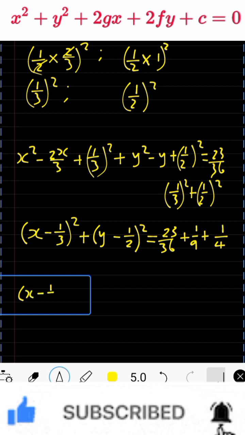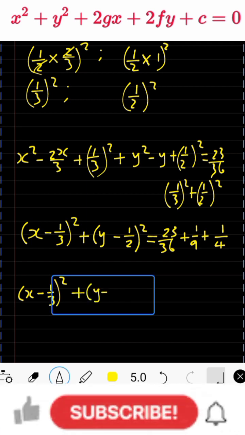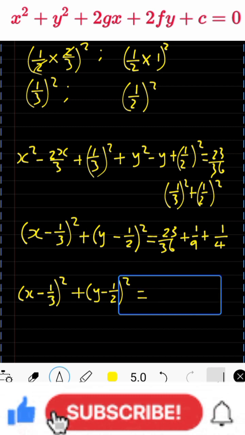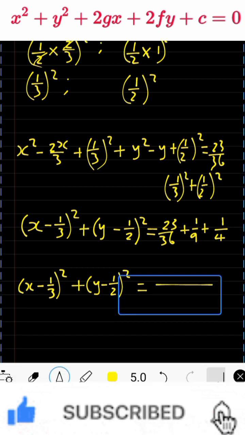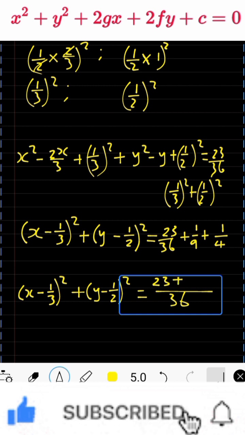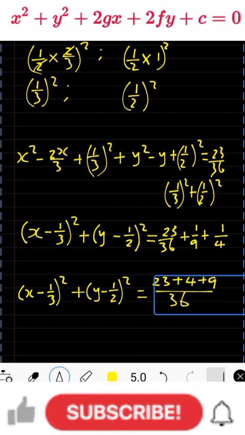So x minus 1 over 3 squared, then plus y minus 1 over 2 squared is equal to, the LCM of 36, 9, and 4 is 36. 36 goes in 36 is 1. 1 times 23, we have 23, plus 9 goes in 36 is 4, 4 times 1, we have 4, plus we have 9.